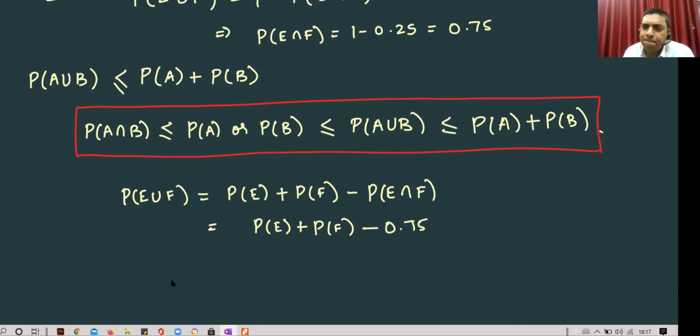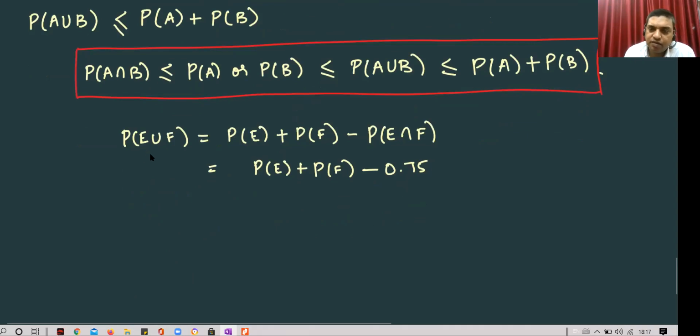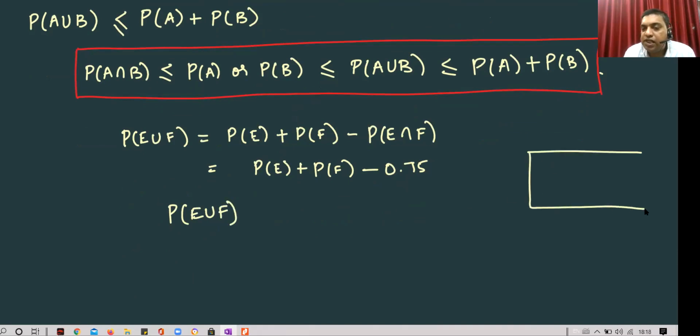Now what is the maximum possible value of E union F? P of E union F. The maximum possibility is when E and F cover the entire sample space, the universal set.